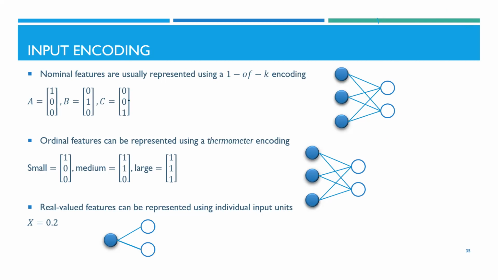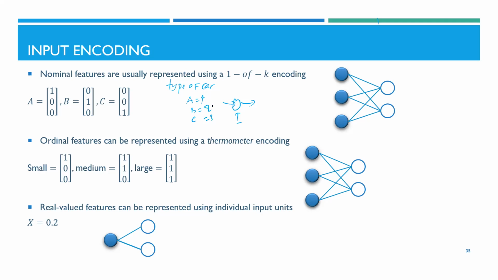Okay, first, nominal features are usually represented using one-of-k encoding. For example, we have one variable, let's say type of car. We have 3 different types of car, type A, type B, type C. So instead of using one input, let's say this is one input layer, and the values maybe 1, 2, 3.